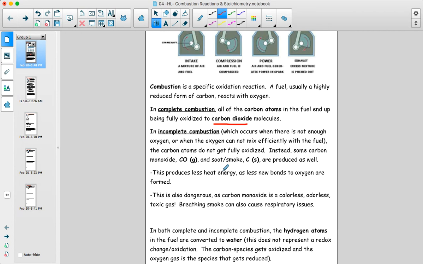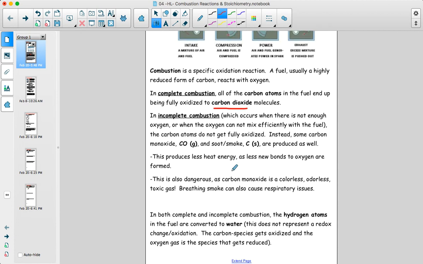It's specially designed to pull in the oxygen and mix it with the fuel so that it burns completely and it burns hottest. However, if you close off that valve and you prevent the oxygen from mixing with the natural gas, the flame becomes sort of yellow, it becomes wavy, and it will leave a lot of soot behind on anything that is over it. And so that's an example of incomplete combustion.